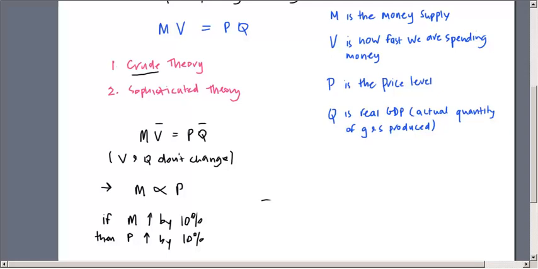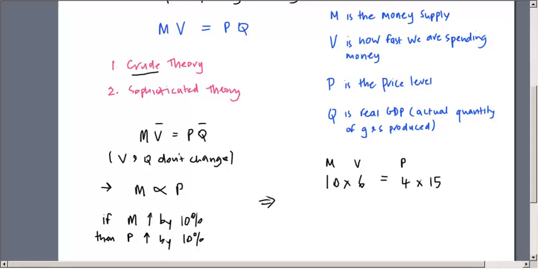We'll come over here. Let's do a make-believe equation. I'm going to make up some numbers. So let's say the money supply is 10 and the velocity we spend it is 6. So M is 10, V is 6, equals the price level of 4 and the quantity of goods and services produced is 15.